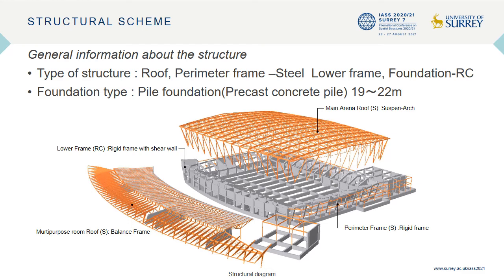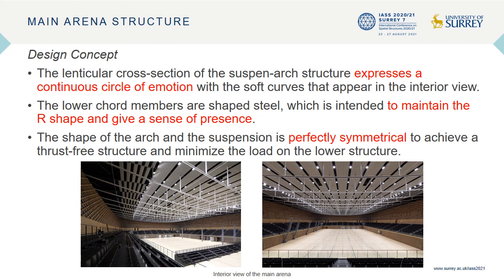This shows the structure scheme. The orange parts are steel structures, and the gray parts are RC structures. Now, let me explain the main arena. The photo below is an interior view of the main arena.